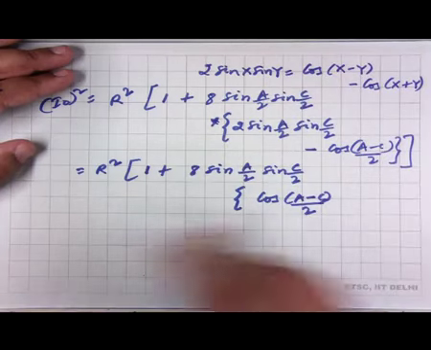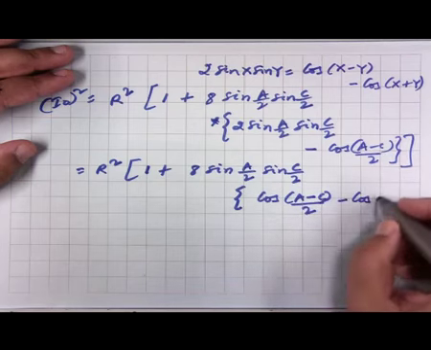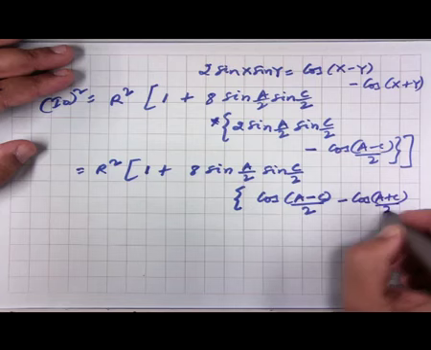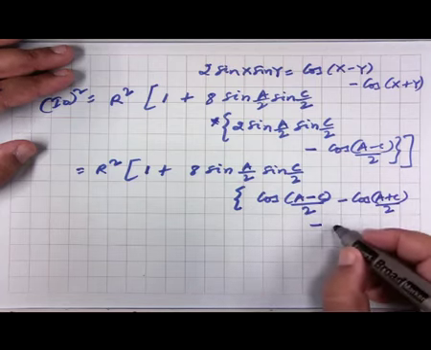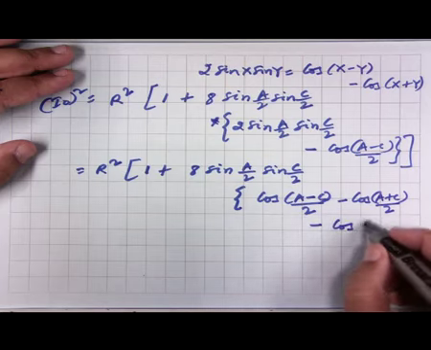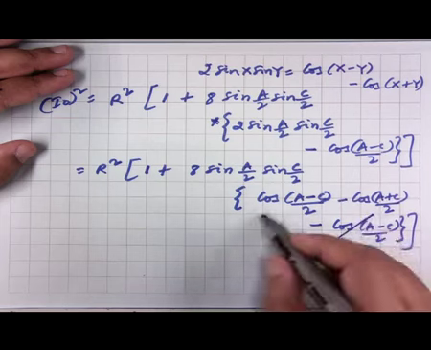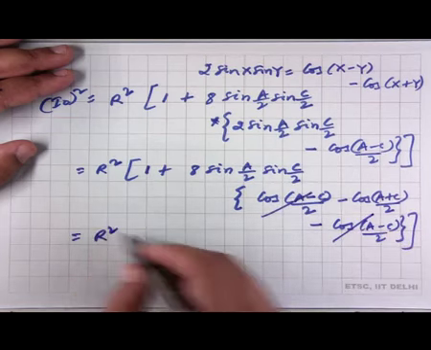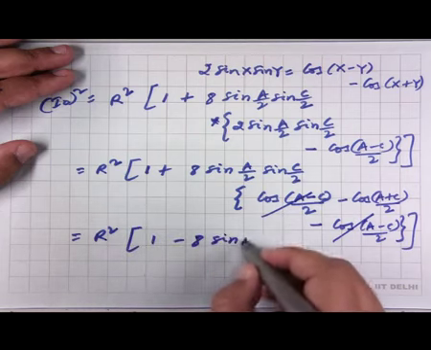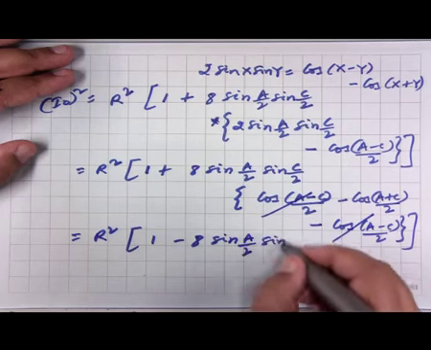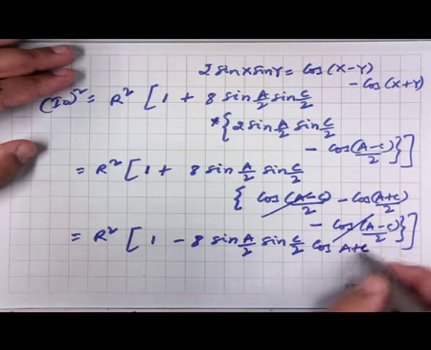And therefore, using that formula we get this to be equal to cos of A minus C over 2 minus cos of A plus C over 2 minus cos of A minus C over 2. So, these two terms get cancelled, and finally what we get is that IO square is R square into 1 minus 8 sine A by 2 into sine C by 2 into cos of A plus C over 2.